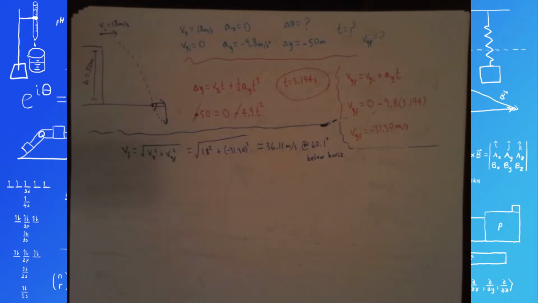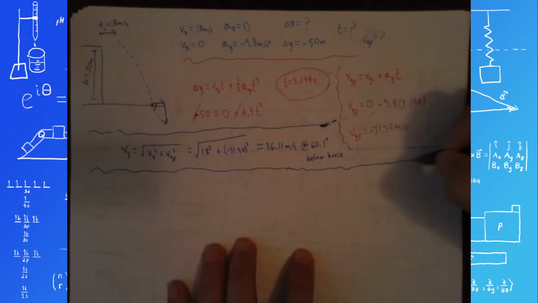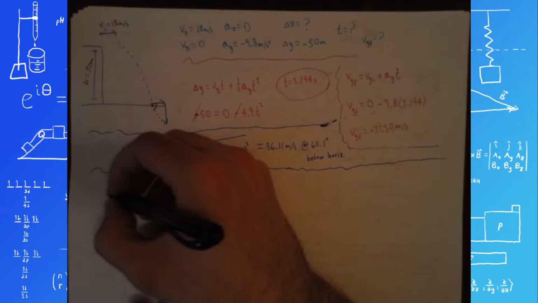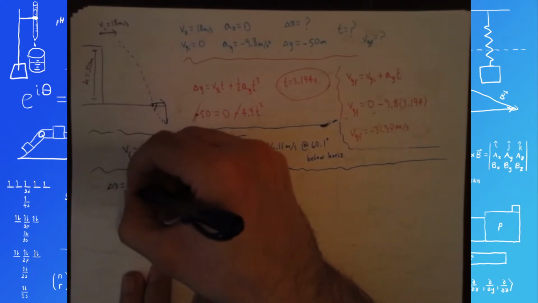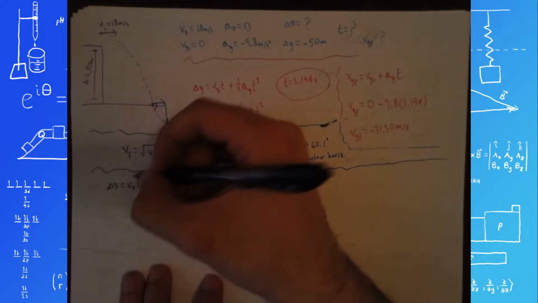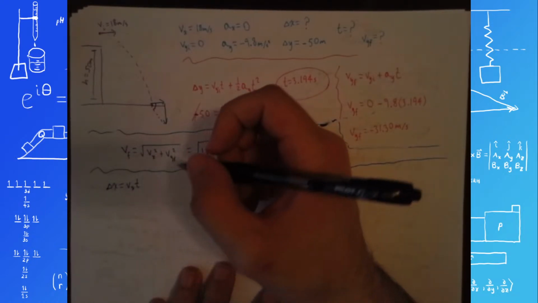Now moving on to my question, I had the bonus question of what is delta x? Our delta x is going to be just vx times t with constant velocity. It's just velocity times time.